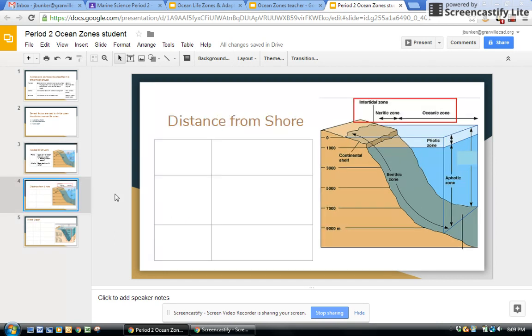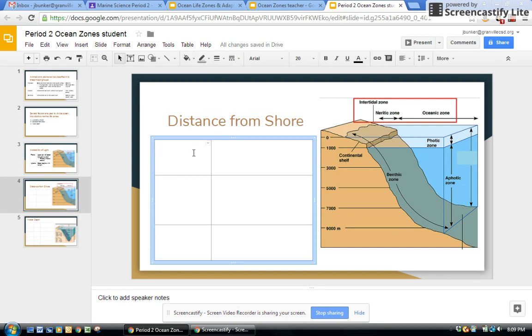The next slide is the distance from shore. If you look at the top here in the red box, we have 3 zones. Up here, this top left, imagine in the diagram here is the beach. As you are walking out into the water, you're going to pass what's called the intertidal zone. This is the zone between high tide and low tide.